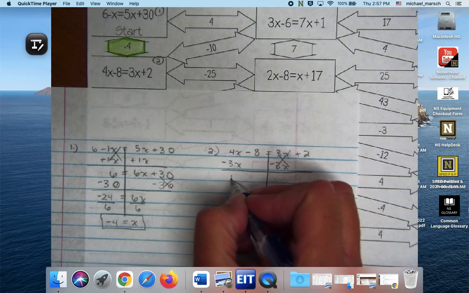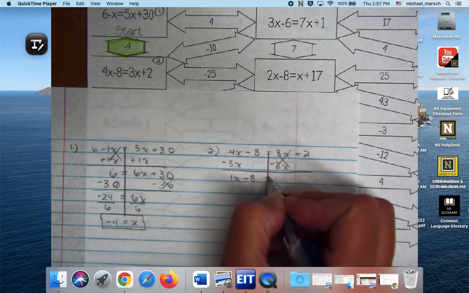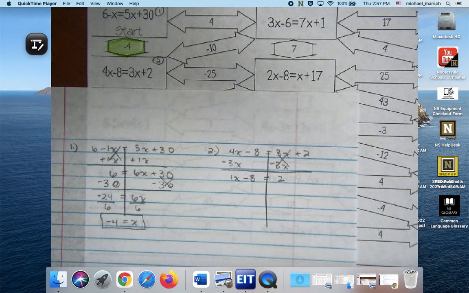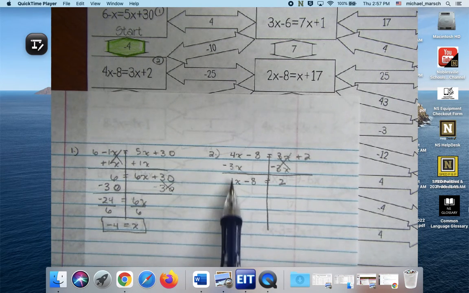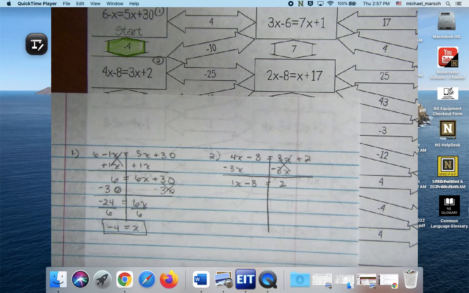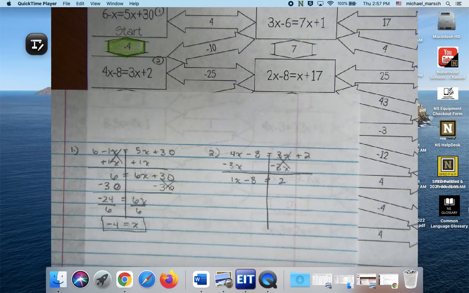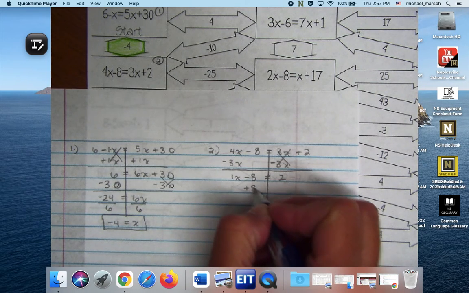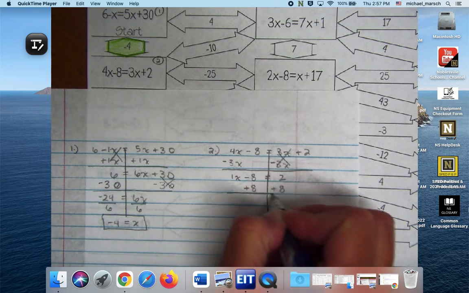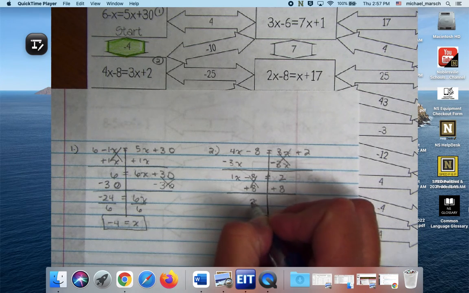So now I just have 1x minus 8 equals 2. And if you don't want to put the 1 there, that's fine. You can just put x. And I'm basically at one step because the x is just x. You have to add the 8. I am going to add 8 to both sides. So now I have x equals 10. That is my answer.